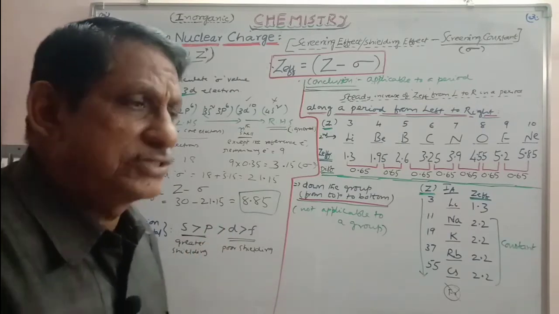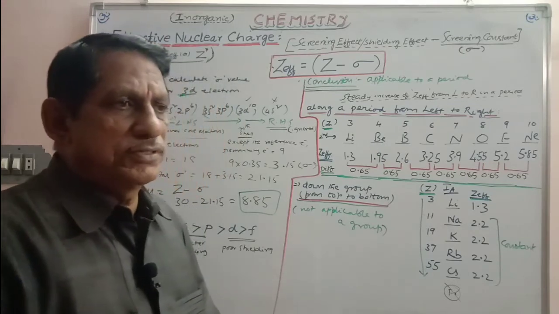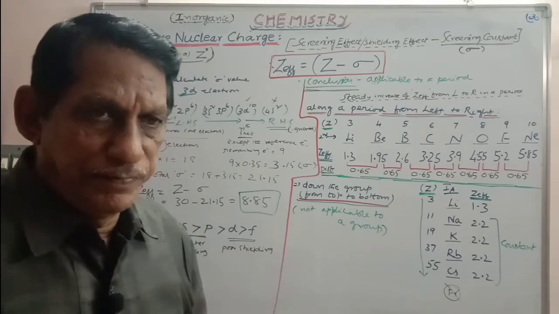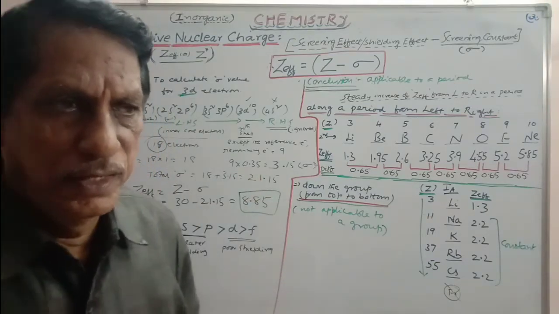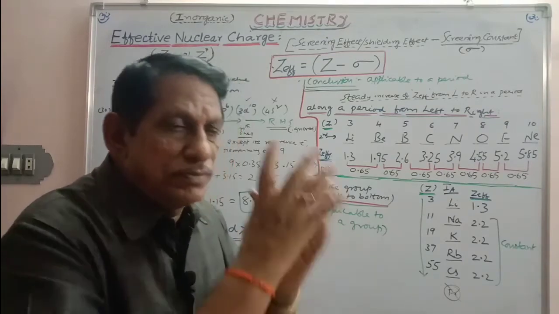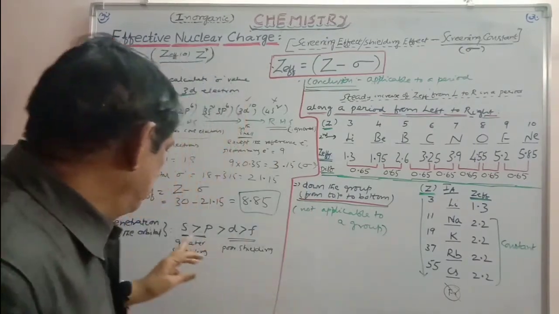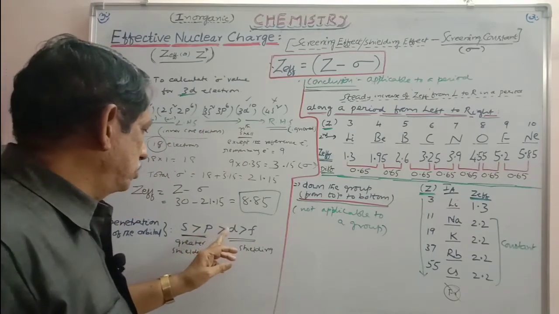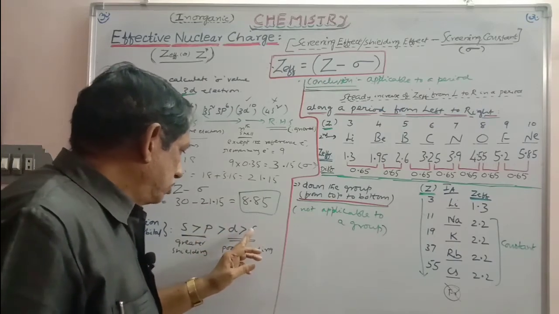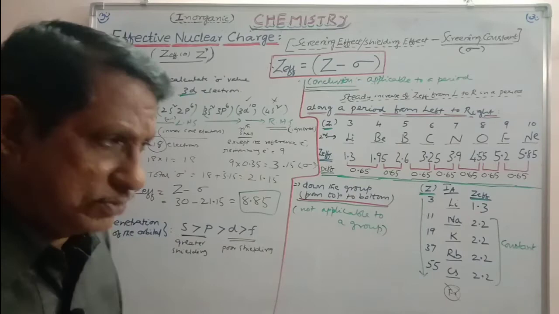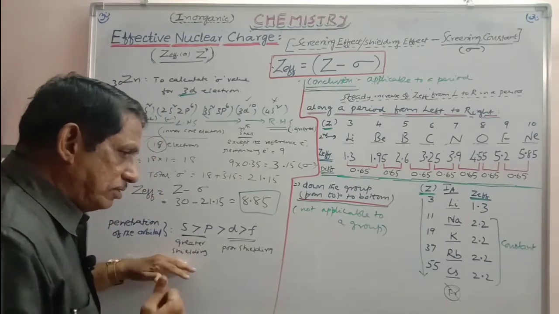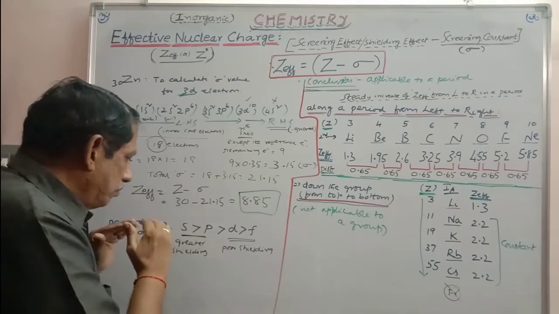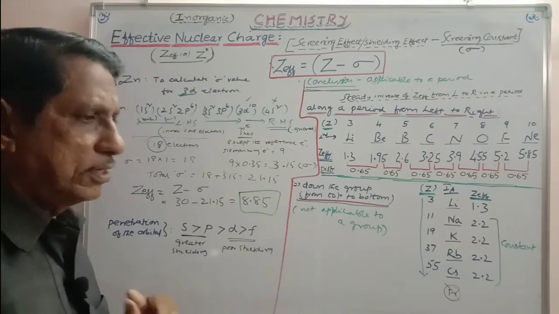Sometimes you have to consider the penetration power of the orbitals. S has more penetration power than P. That means it diffuses toward the nucleus and interacts with the inner orbitals also. So S has more penetration power than P, P has more than D, and D has more than F. If you study carefully, the shielding power will be more for S and P. So S and P sublevels will have greater shielding power.